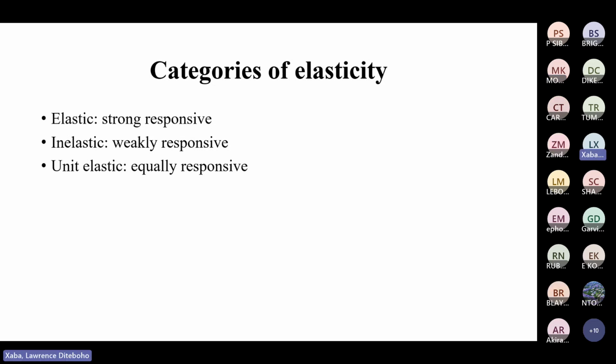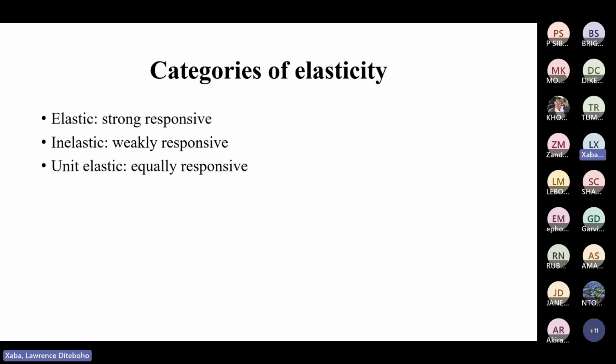Okay, thank you. As I was saying, we have 3 categories of elasticity. The first one is elastic. What do we mean when we say elastic? We are talking about the strong responsiveness. This responsiveness is the change of quantity demanded, if we're looking from the demand side, relative to the price.